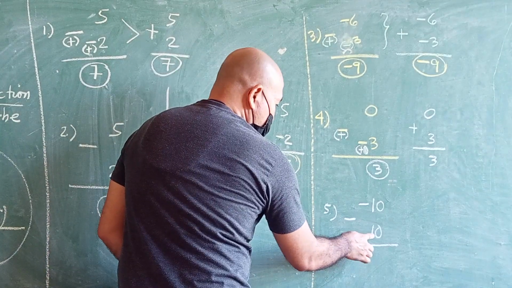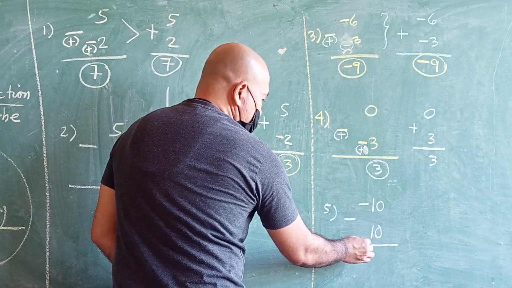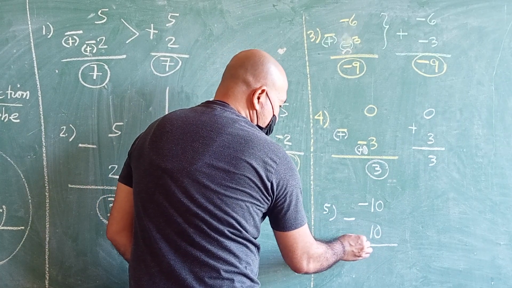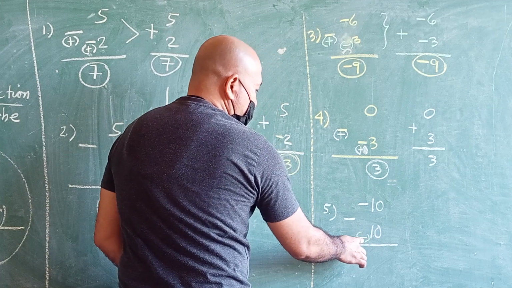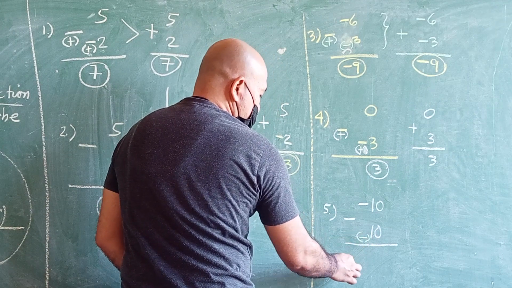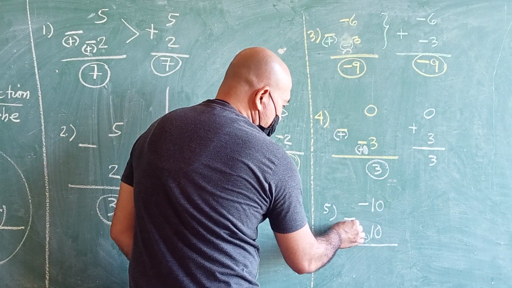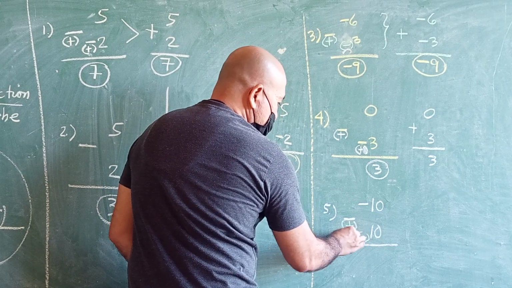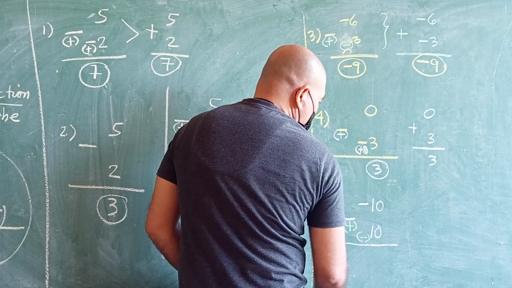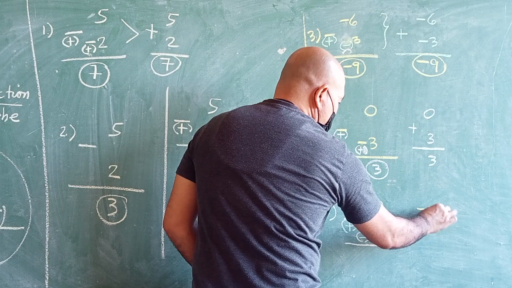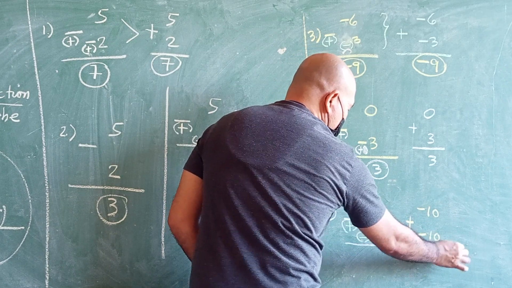Okay, again, the original sign of the subtrahend is positive, so by changing its sign, it becomes negative. So always place the new sign inside the parentheses. And the minus here becomes plus. So it is now negative 10 plus negative 10.